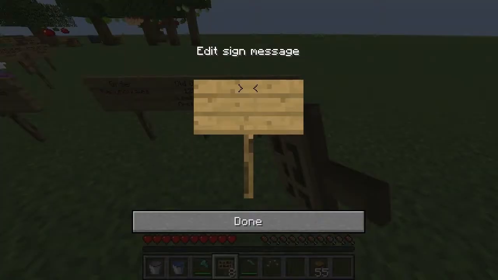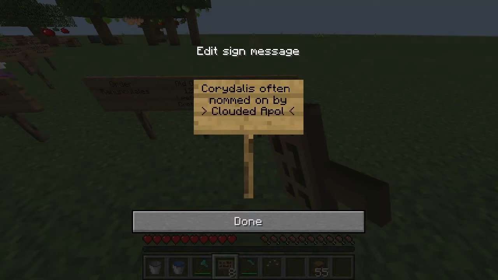And in general, Cloydalis often nommed on by we have the clouded Apollo, swallowtail butter. It's a difficult one.